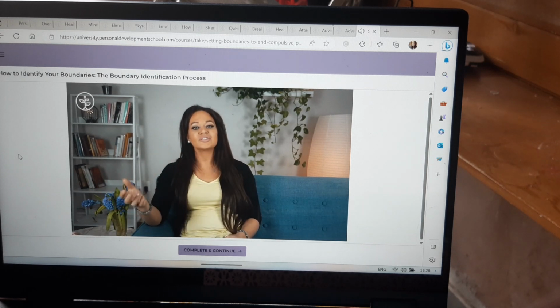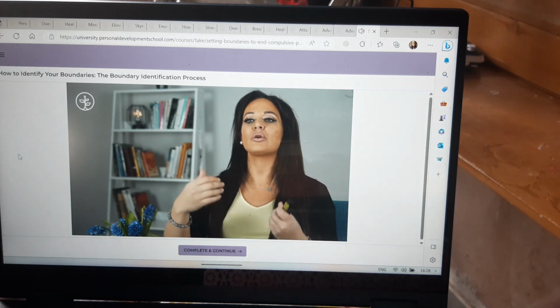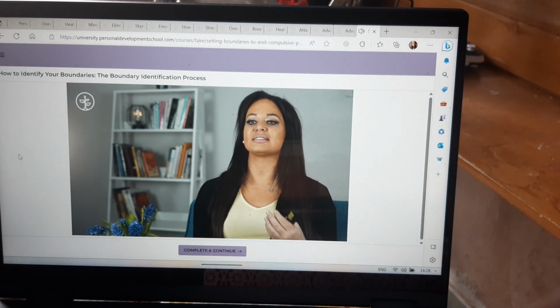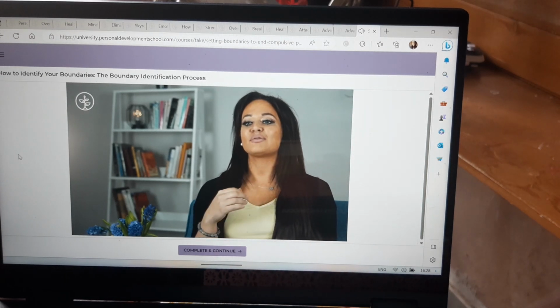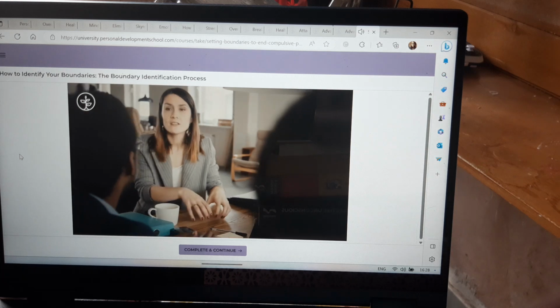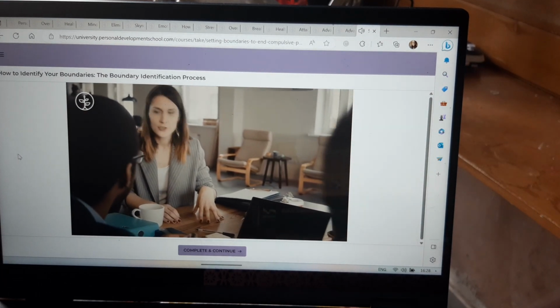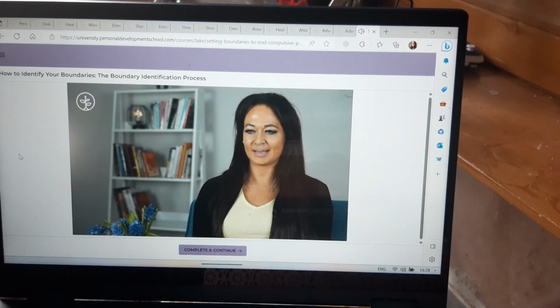And then in step 3, we tweak it a little bit, you let the person know that you're open to compromise and that you want to take both of your needs into fair consideration. And then step 4, instead of just expressing, you leave room for that negotiation. You express a boundary, but you leave room for something to be communicated so you can come to a common ground. Okay, I hope that makes sense.